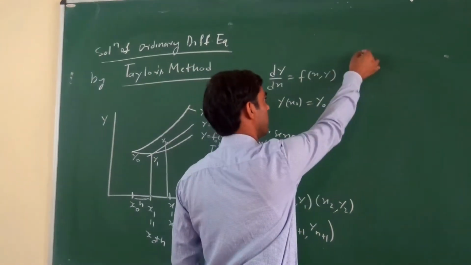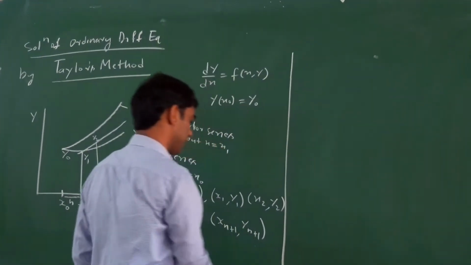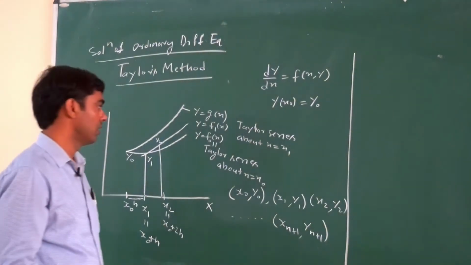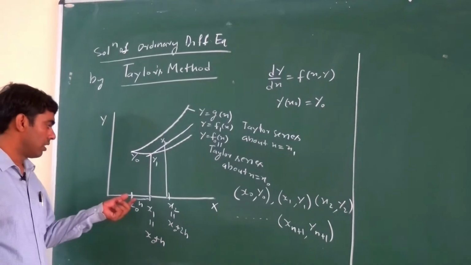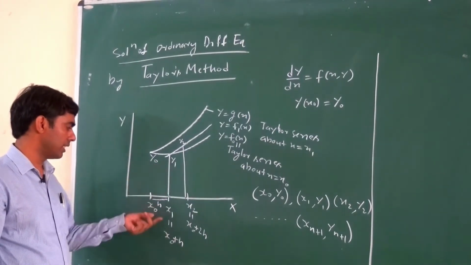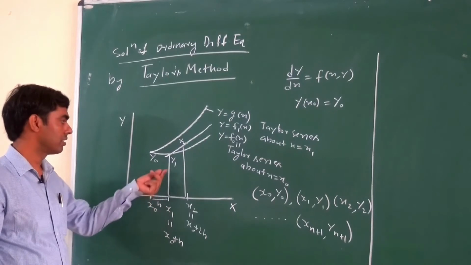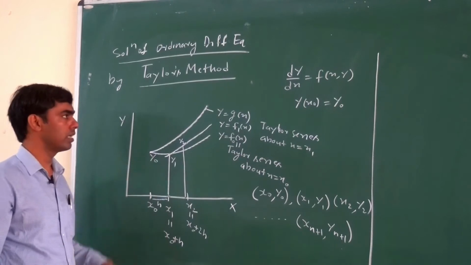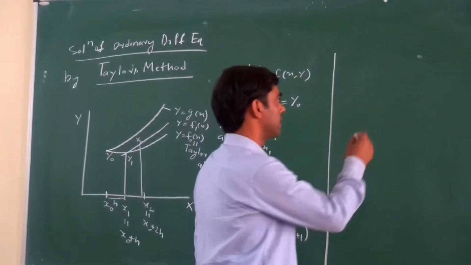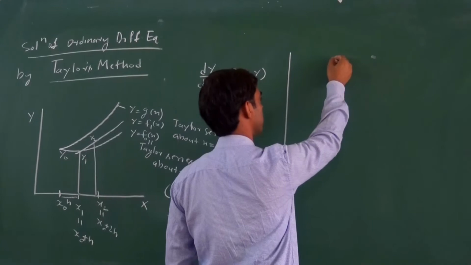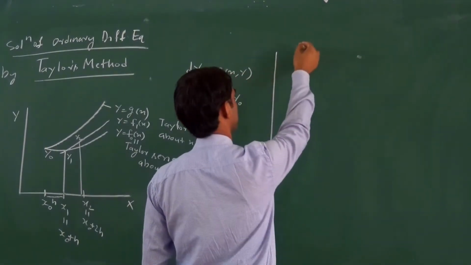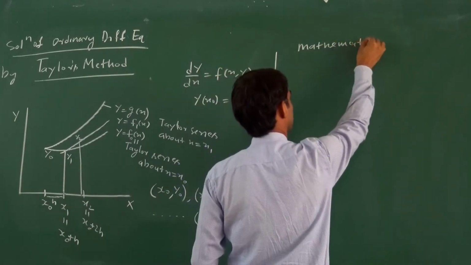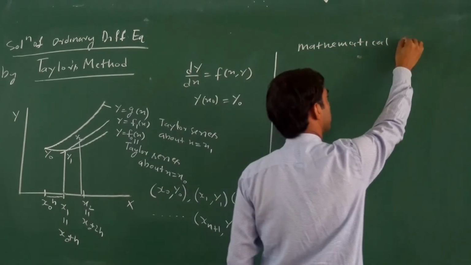Now mathematically, how do we find the iterative scheme in the case of Taylor's method? From the geometrical interpretation, it is clear that we find a Taylor series expansion about x = x0. Here is the mathematical derivation.